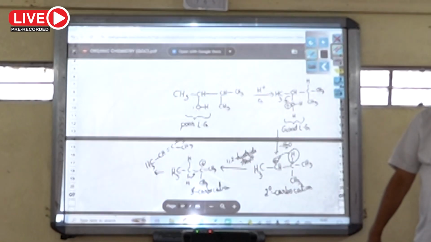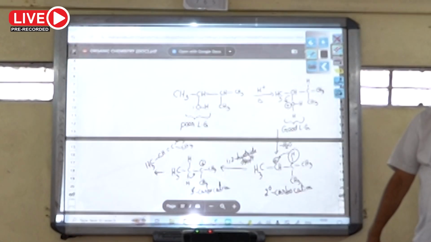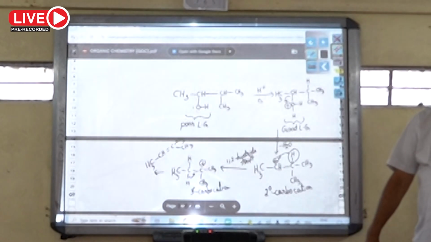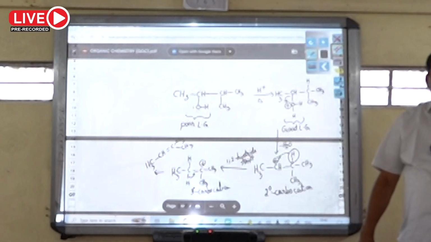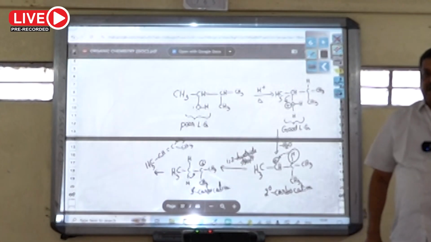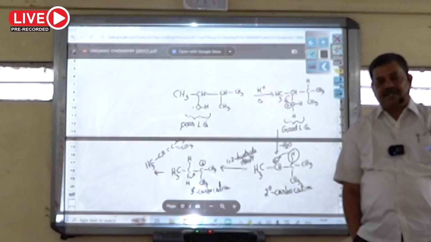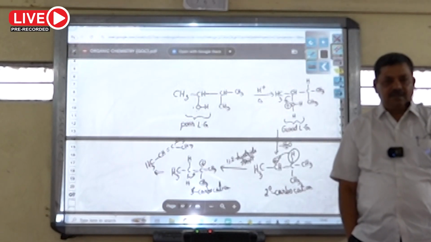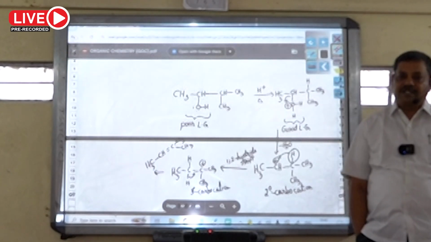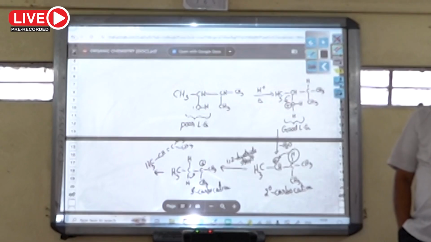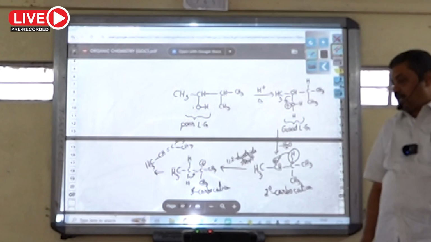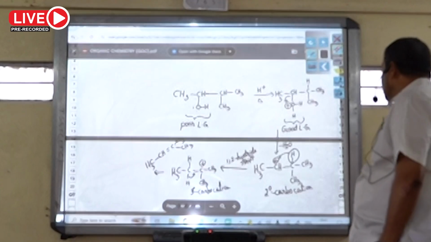They are generated by the removal of halogen from alkyl halides, or by the addition of H plus to alkenes. Carbocations usually undergo rearrangements. What type of rearrangements? Either 1,2 hydride shift or 1,2 methyl shift or ring expansion. So all these are very, very important.